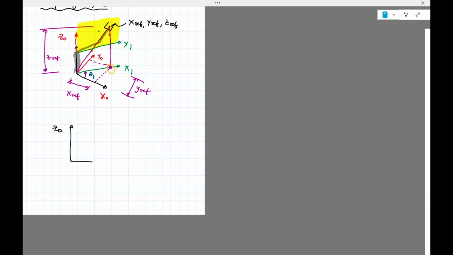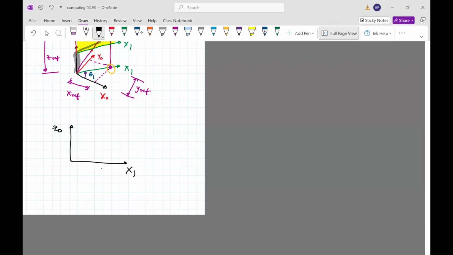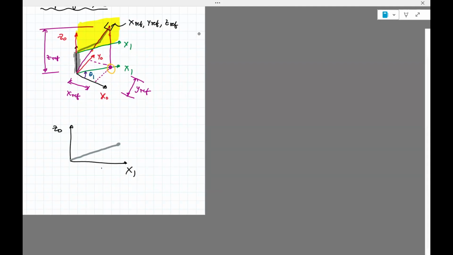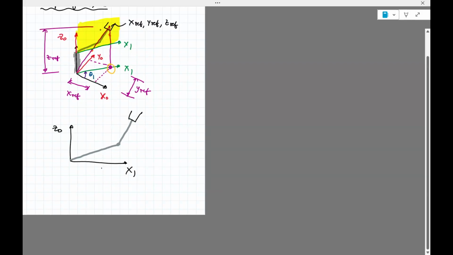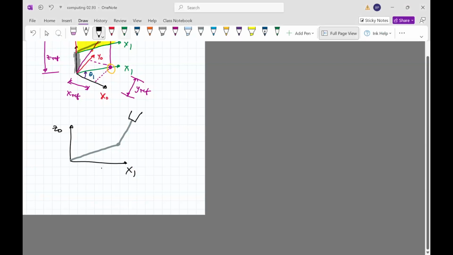Z0. So it's going to be along x1, not x0, because I actually turned it by an angle of theta 1. Okay, let's draw the manipulator. Okay, and a few things over here.